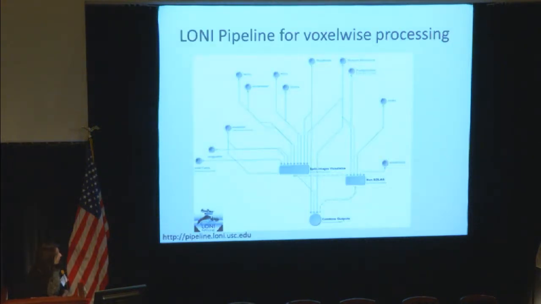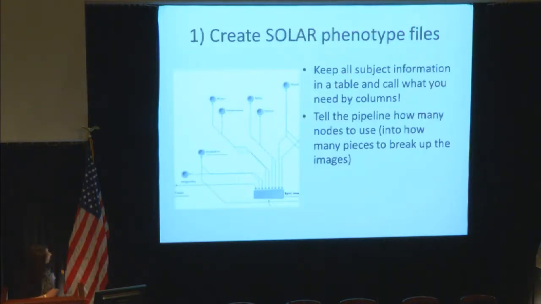And this can all be done through this kind of messy looking thing we call a pipeline over at USC now. It looks like a spider got squashed on the screen, but it's functional, and you push a button and it does all the work for you. The first module is to create the SOLAR phenotype files.